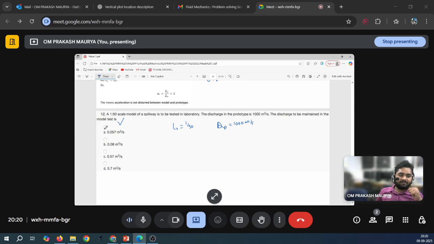So here one thing to remember: you have the value QP, the discharge, in meter cube per second. You need to convert it in terms of the length parameter, because the only link for converting prototype discharge to model discharge is the length parameter.